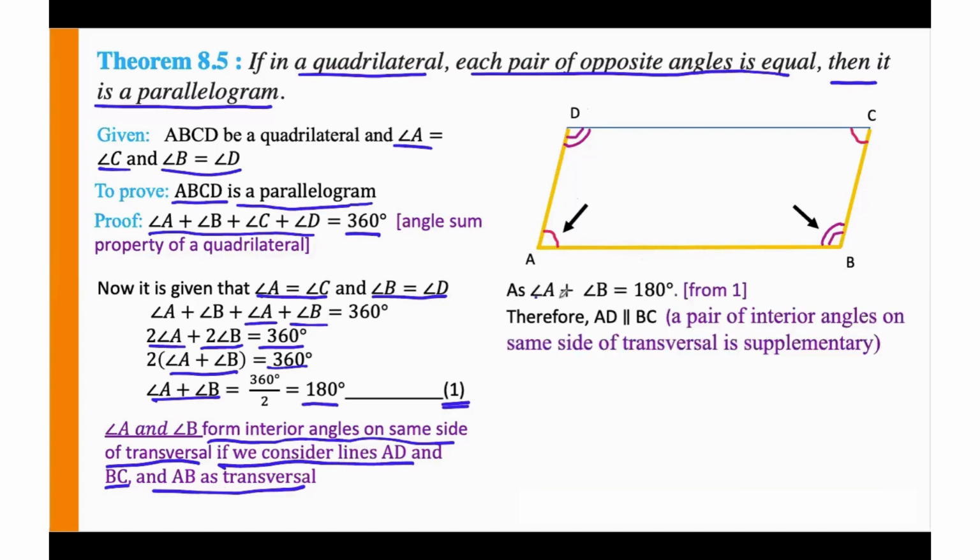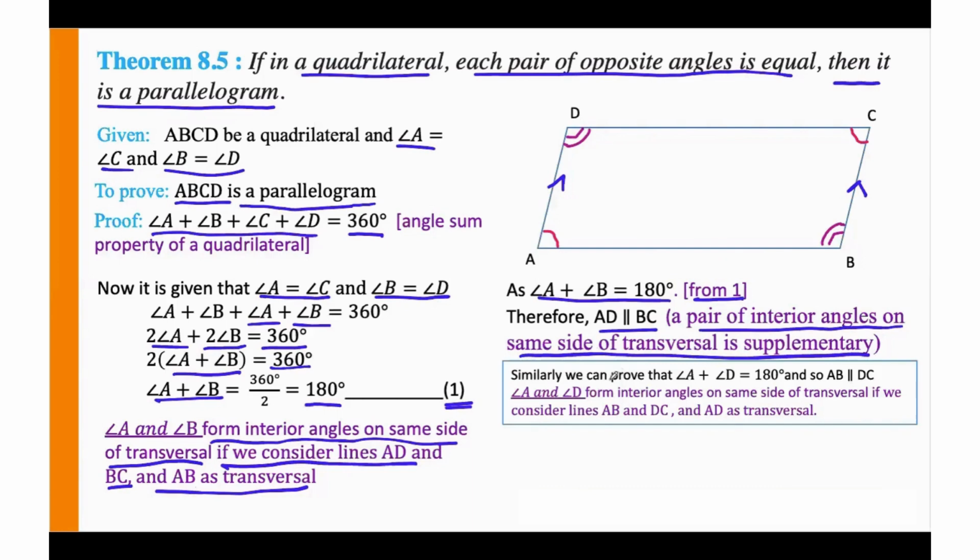And as angle A plus B is equal to 180 degree from result 1, we can say that AD is parallel to BC. AD is parallel to BC. A pair of interior angles on the same side of transversal is supplementary, therefore the sides are parallel.